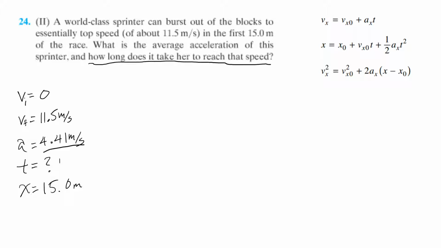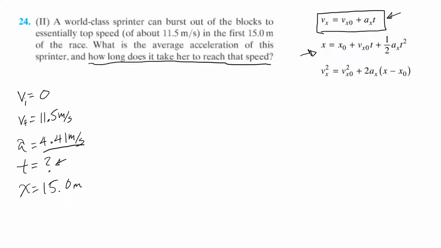So we need to find time. The best equation to use here is going to be this one, right? I mean, some of you might fiddle around with this thing, but I think this top one is way simpler. If you do use this bottom equation, you'll probably still get the right answer, but why put in all those extra variables? You don't need to do it.